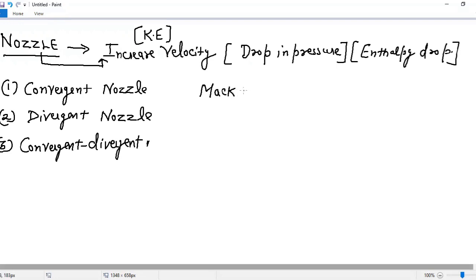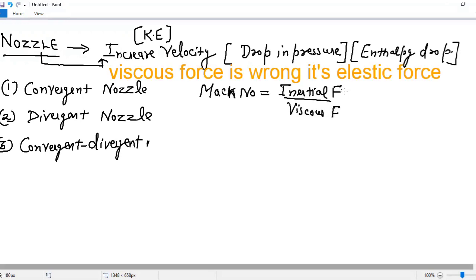What is the Mach number? Because we are going to classify the different types of nozzles depending upon the Mach number they have. Clear? Here it is basically defined as the ratio of inertia force upon viscous force. This topic you are going to cover in fluid mechanics and fluid machinery also.